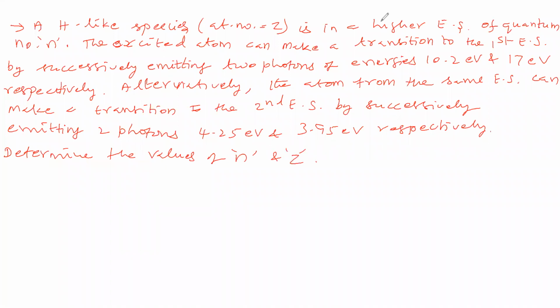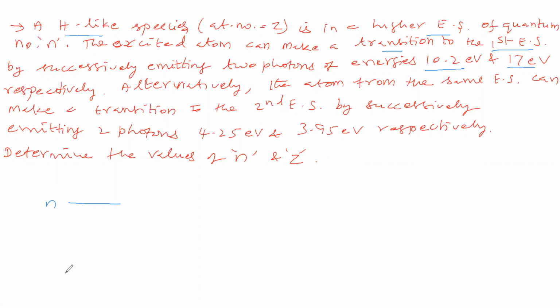So here, what is the atom? Hydrogen-like species, in a higher excited state. From this excited state, it makes a transition to the first excited state by emitting two photons of energies 10.2 and 17 electron volt. Now the electron is in a higher energy level, that is n.